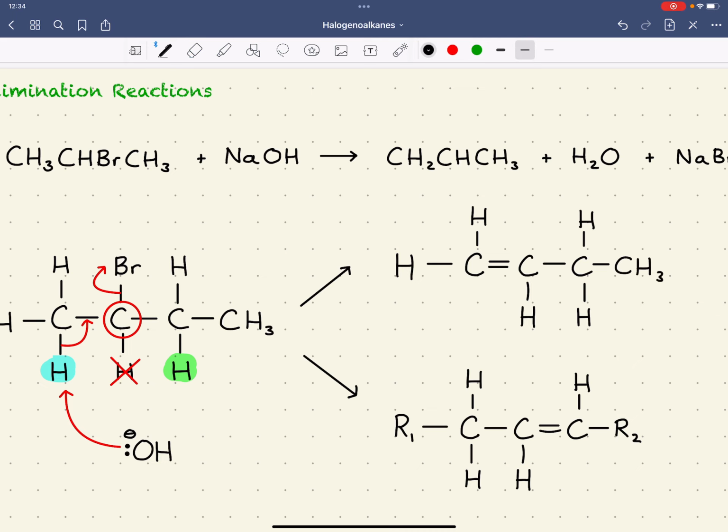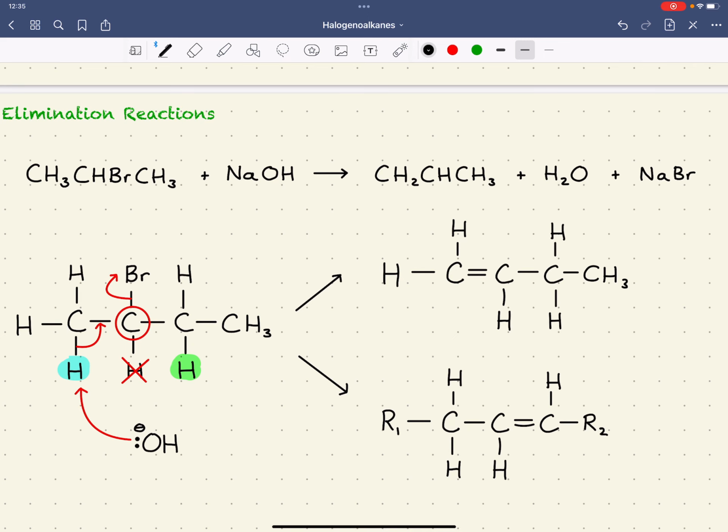So if that's the case, then here we get but-1-ene if the blue hydrogen is removed. I'll just highlight this to show this is the blue hydrogen that we're removing. This is the green one. So if the blue hydrogen is being removed, we would get but-1-ene.